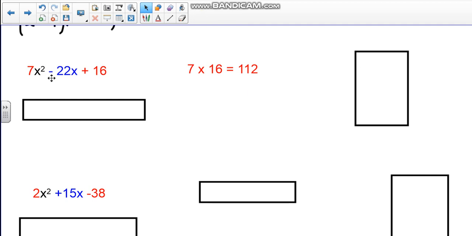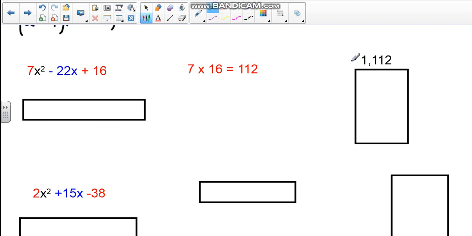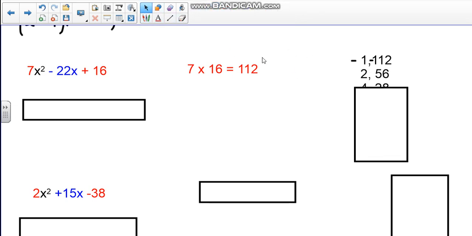But because this is negative here, I'm going to go with the negative ones initially. So we've got 1 and 112, so let's make those both negative. 2 goes in, and that would be 2 and 56. So let's make that minus 2 and minus 56.